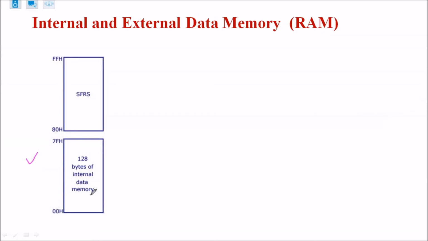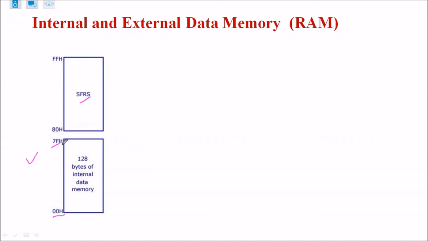So this is the 128 byte internal data memory. It starts from 00H and ends at 7FH. So this we know, the internal RAM memory. Now I want to connect external memory. Before that, here SFRs are shown.